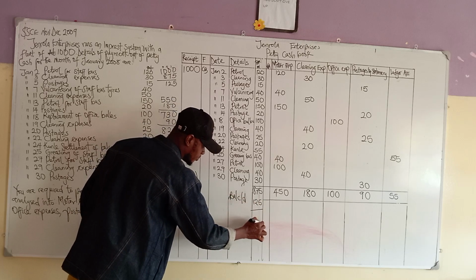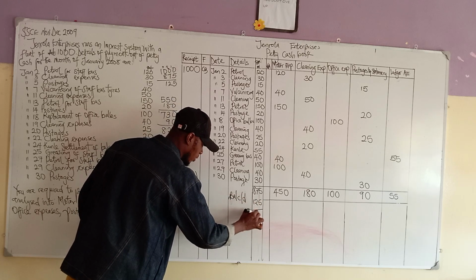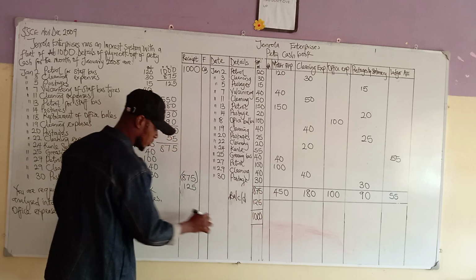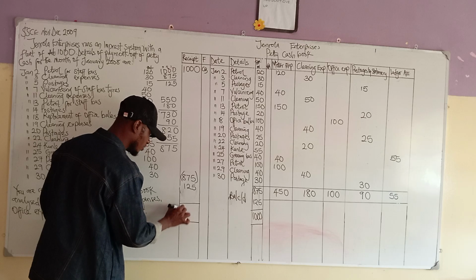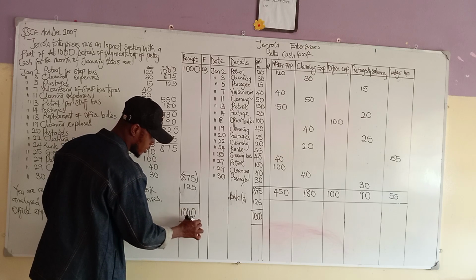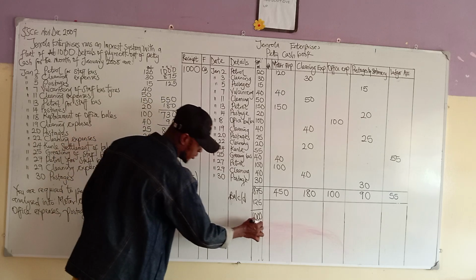If we close, this will give me 1,000, because if you add them together, it will give you 1,000. So if I add this together, it will give me 1,000. So I've closed.